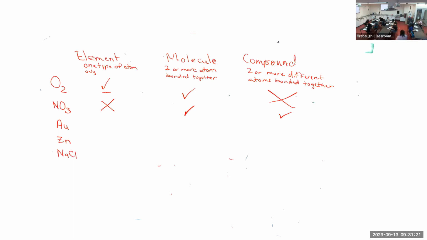Okay? What about Au? Gold. Is it an element? Yes. Is it a molecule? No, it's not because it's not 2 or more. We only have 1. Good job.